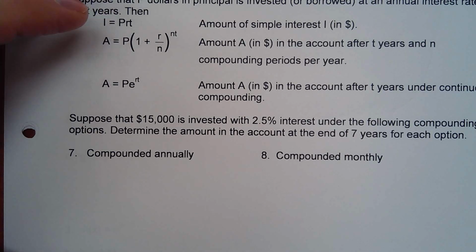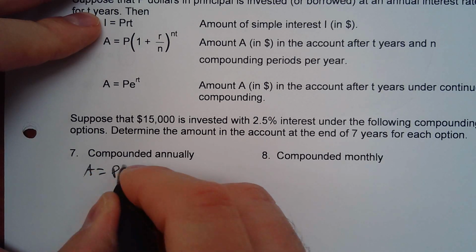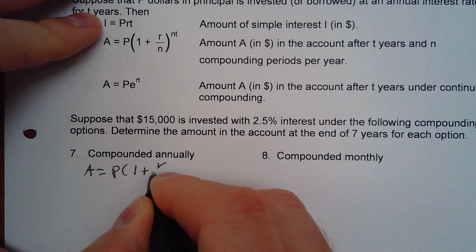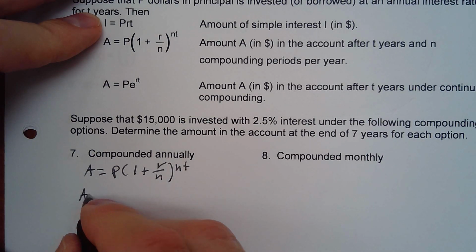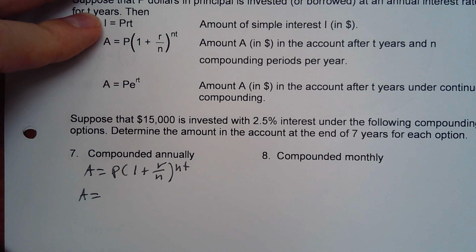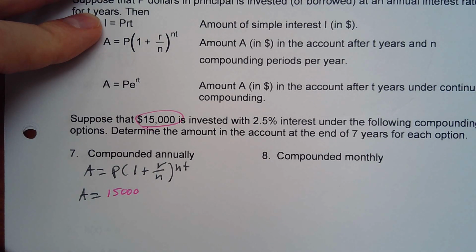So let me first write down our formula if it's compounded annually. So 15,000 is my principal, so I'm going to plug that in.